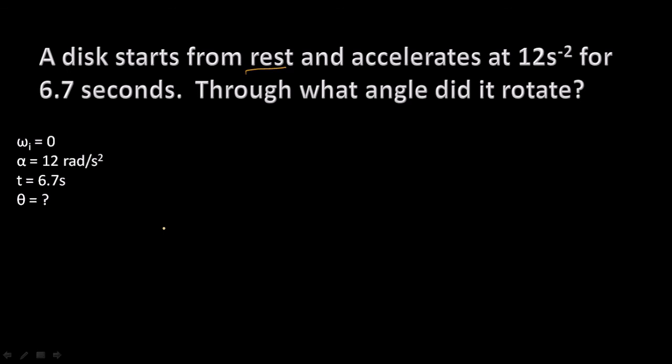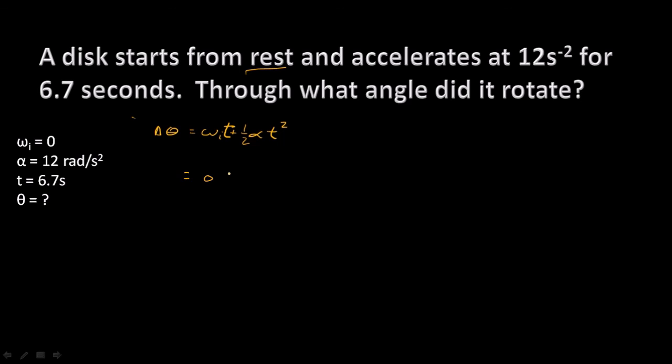Well, we need to find a formula that involves all of those variables. And here we are. The angle through which it rotates would be delta theta equals initial angular velocity times time plus 1/2 acceleration times time squared. Better have the formula right. And so we can just plug numbers into that.